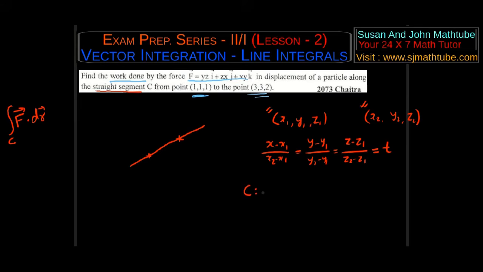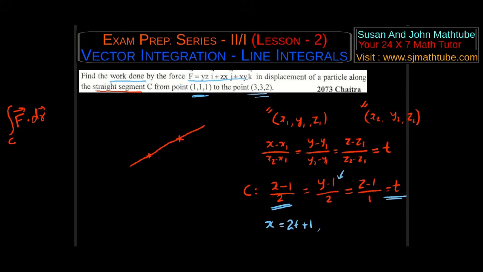And what is C? The path. And what's the path here? It's a line segment joining (1, 1, 1) and (3, 3, 2). So the formula is (x minus 1) by (3 minus 1) is equal to (y minus 1) by again (3 minus 1), and that's equal to (z minus 1) by (2 minus 1) is equal to t. Now let's convert this into the parametric form. So I'm going to get x is equal to 2t plus 1.